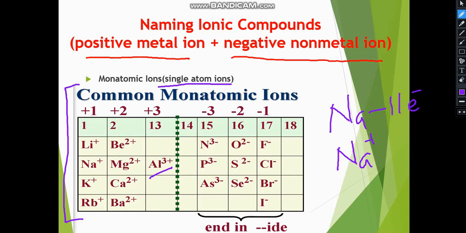Then we'll look at those that are non-metals, that is from group 15 to group 17. Those atoms in group 15 form a negative 3 ion. Those in group 16 form a negative 2 ion. Those in group 17 form a negative 1 ion.